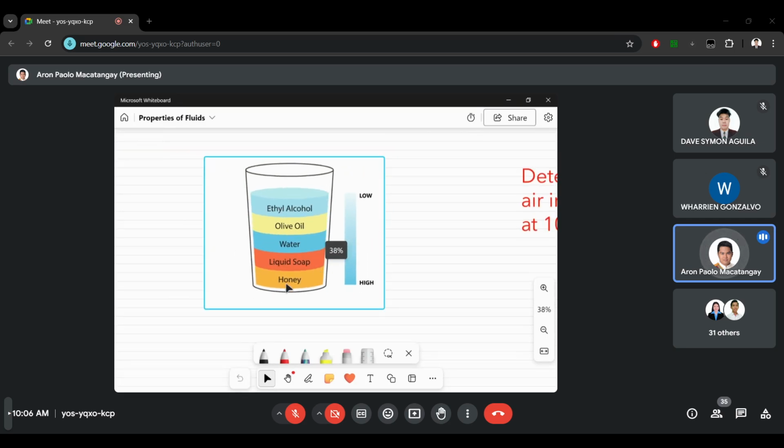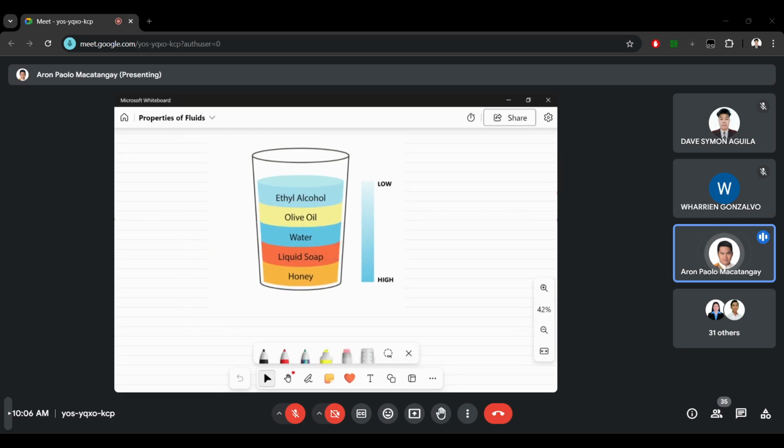So this is our layering example earlier. As we said earlier, higher density means your fluid will be going to the bottom.